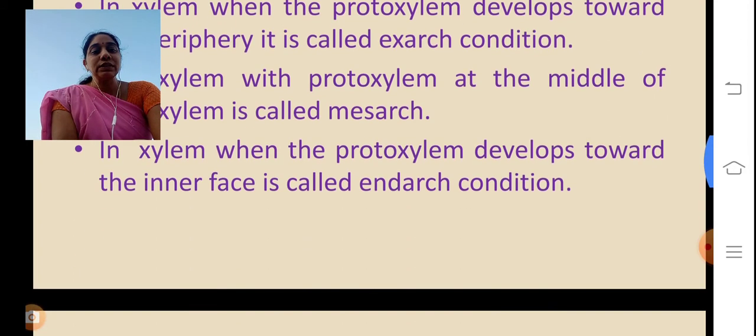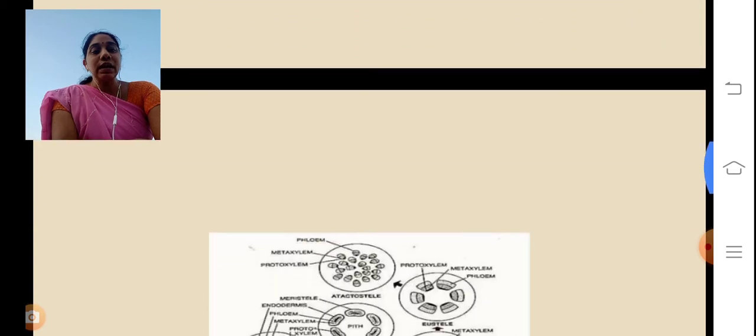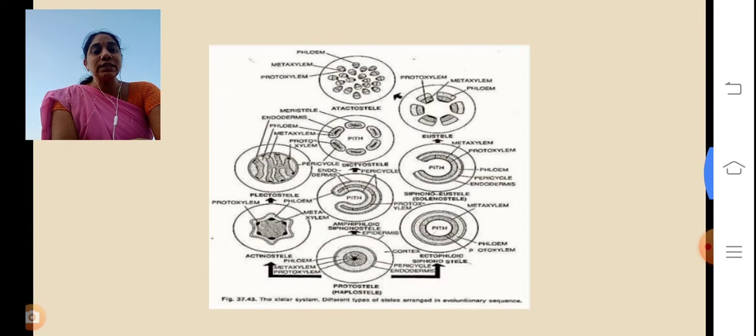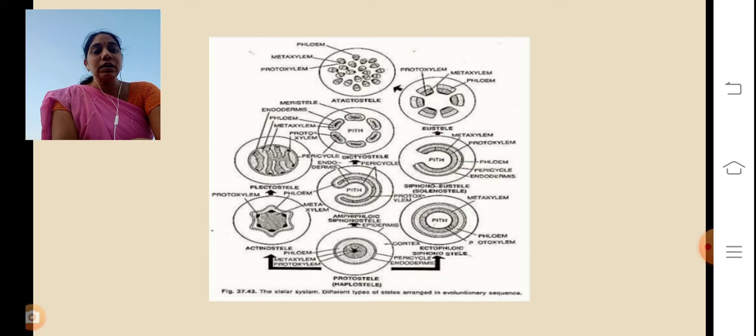So these are the important points, and this diagram shows the stellar evolution. So protostele is the primary, primitive type, and from this protostele different types of steles evolved.